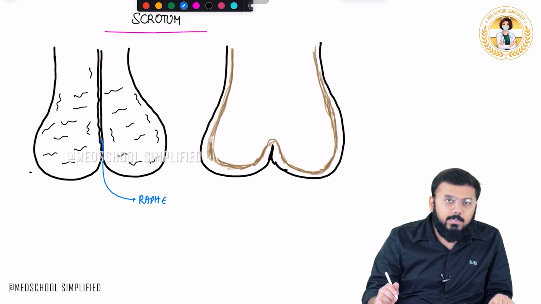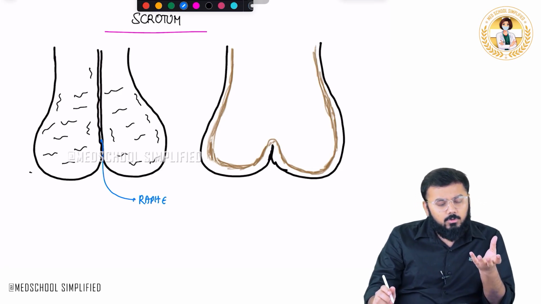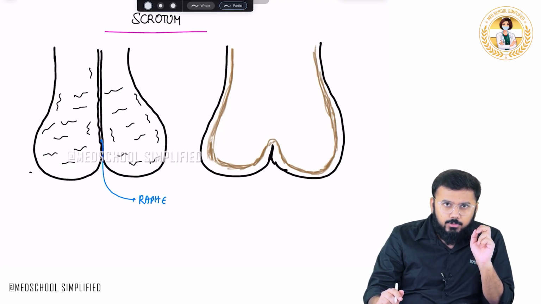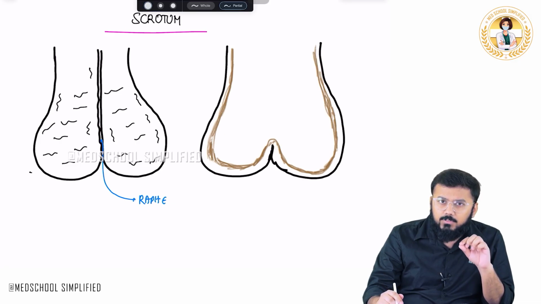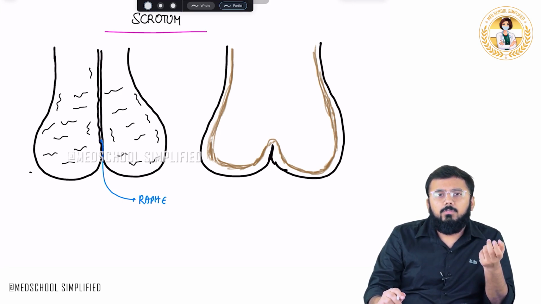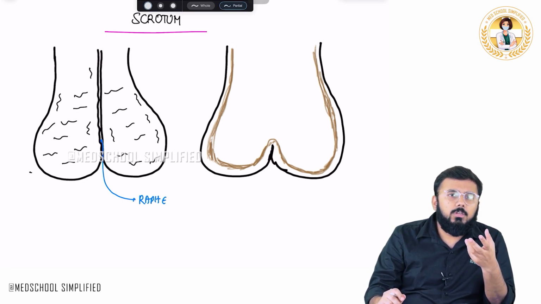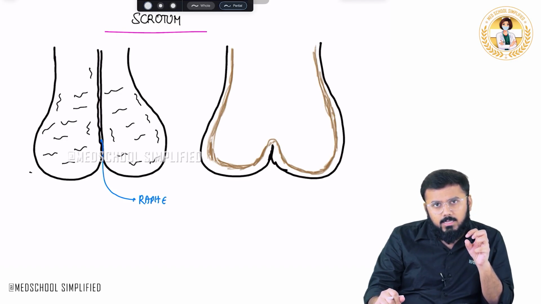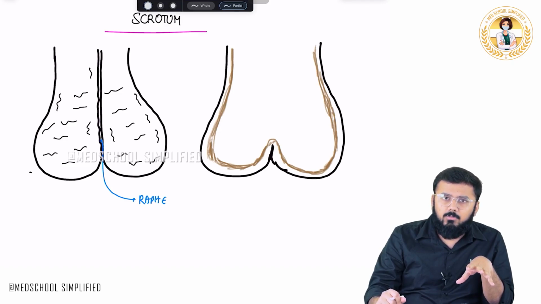To maintain the temperature, sometimes your scrotal skin contracts, and when it contracts, wrinkles are produced. While the scrotal skin contracts, it happens subconsciously, without your voluntary movement. Automatically the scrotal skin will become tight and sometimes very loose.